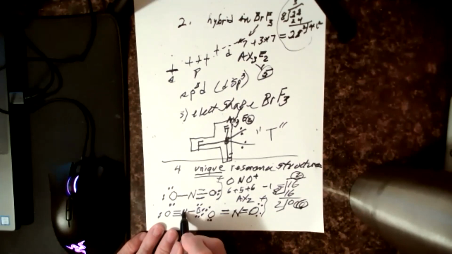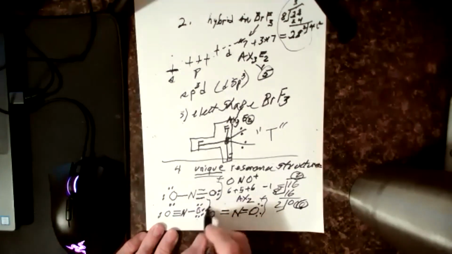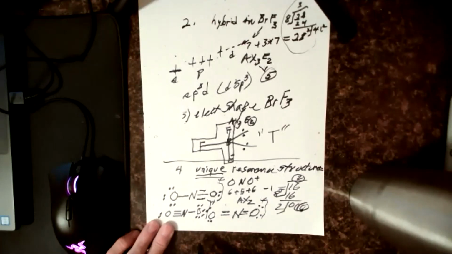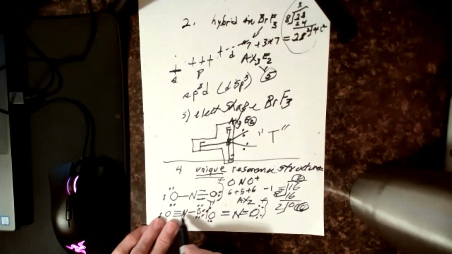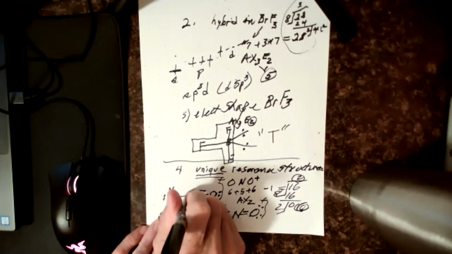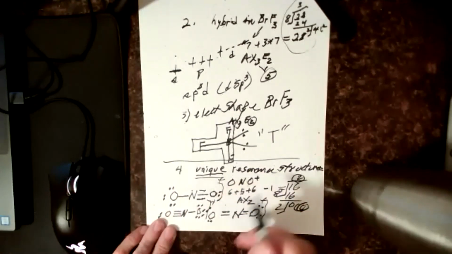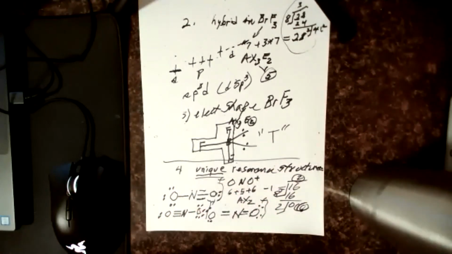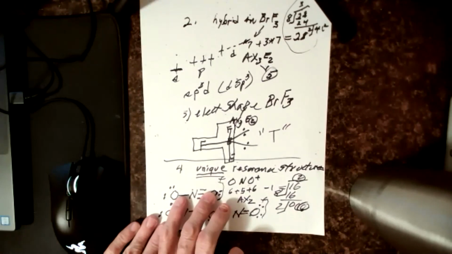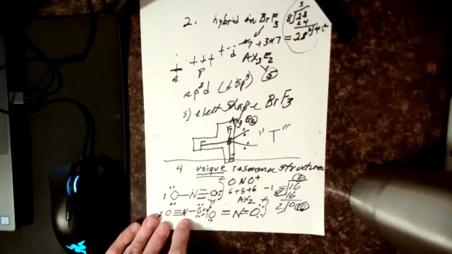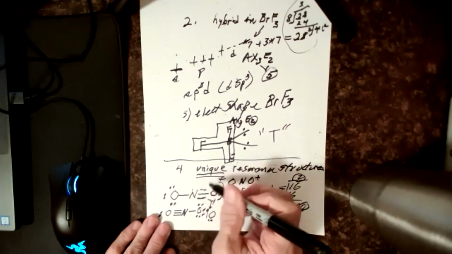Well, it is a molecule or an ion that has a triple bond between nitrogen and oxygen and a single bond between nitrogen and oxygen. That's exactly the same description we used up here. A single bond and a triple bond. This has got a single bond and a triple bond. And in fact, if you think about it, if I took this first one and just flipped it over, it would be this one. So this is not unique.